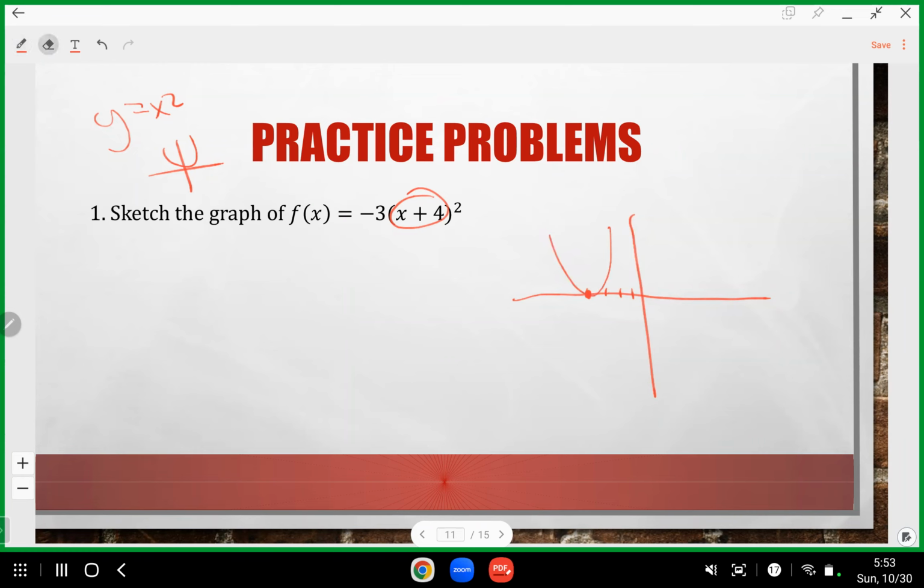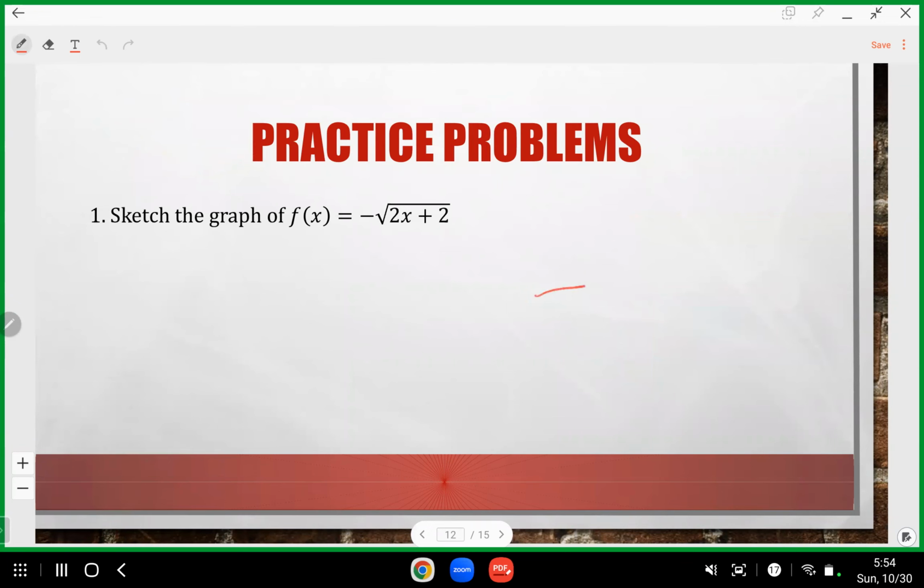Now, you see, we have a negative. It's multiplying by -3, so we know to reflect it. Lastly, we're multiplying by 3, so we're going to stretch it vertically by a factor of 3, right? Each y value is just multiplied by 3, so it's kind of like that. All right, very skinny.